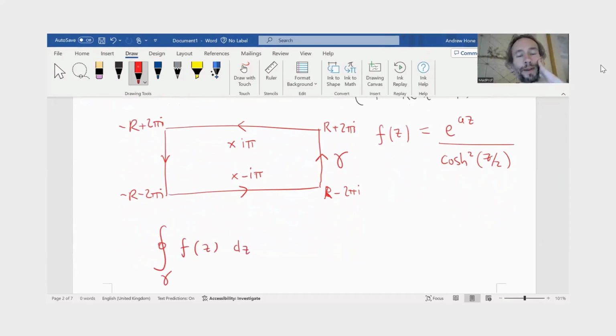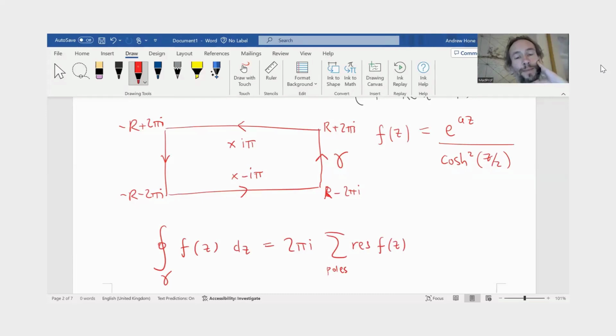Cauchy's residue theorem tells us that that's equal to 2 pi i times the sum over the places where f has poles of the residues of f of z. The sum over the poles.